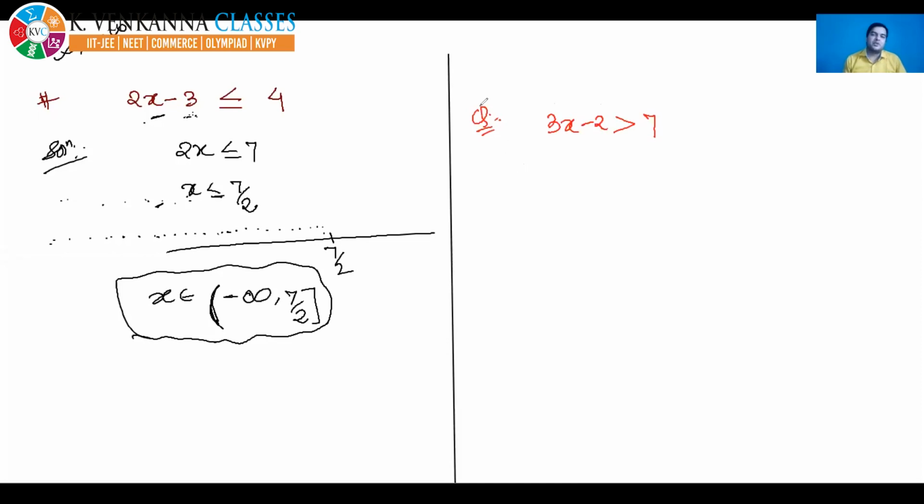Write the value of x in interval notation. Do it quickly, very simple. Please quickly do.